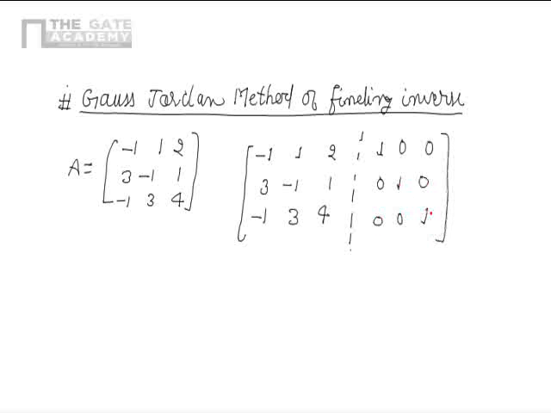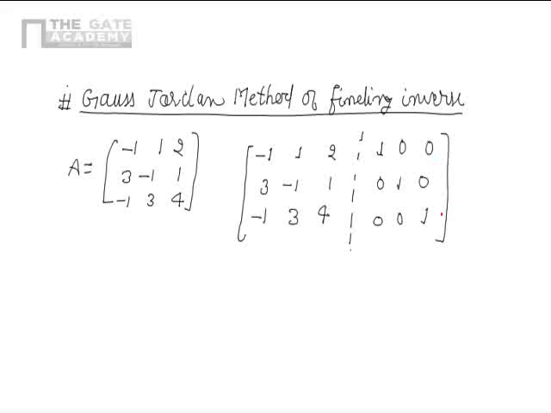Now, in order to find the inverse, on the left hand side matrix A, I will apply elementary transformations and convert it into a unit matrix, similar to the one on the right hand side. Whatever operation I apply on the left hand side, the same operation I will apply on the right hand side. At the end, when the left hand side matrix is converted into the unit matrix, the matrix on the right hand side will show the inverse of the matrix.